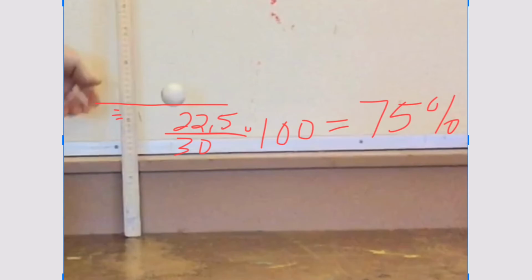So no matter what height a ball bounces from, it seems like the decay of the bounce is proportional each time. So this ping pong ball, its next bounce decays by 75%, or 3/4 of the bounce of the last bounce. Cool, huh?